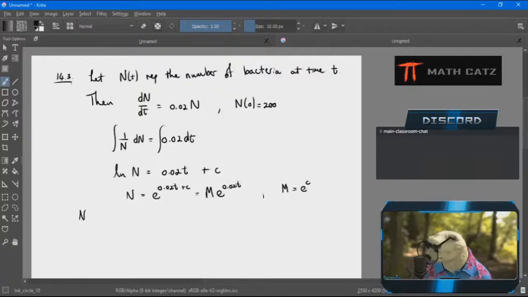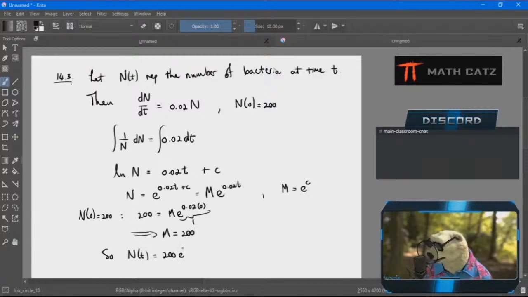Then I use the fact that my initial condition is 200, so 200 equals M times e to the 0.02 times 0, and because e to the 0 is 1, that leads me to M being 200, which I already knew should be the case. So my function that describes the number of bacteria over time is 200 e to the 0.02t.